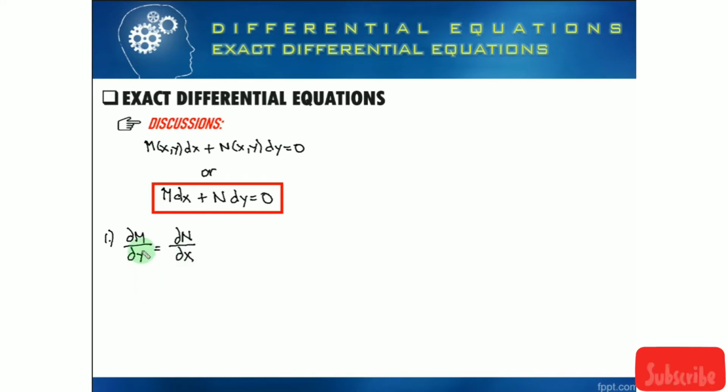This partial derivative of M with respect to y indicates that your y is a variable, not a constant. And in this partial derivative of your N with respect to x, this x is your variable, not a constant. So try to remember that one, because we will be using that in our calculation.